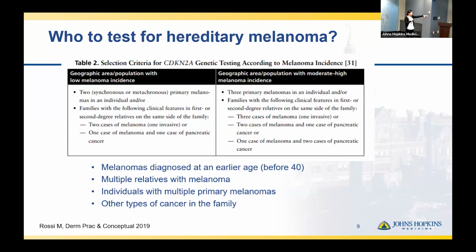But in general, at the bottom here I've summarized who to consider for testing. These are people who have been diagnosed with melanoma at an earlier age, have multiple relatives with melanoma, have multiple primary melanomas themselves, or have certain other cancer types in their family.